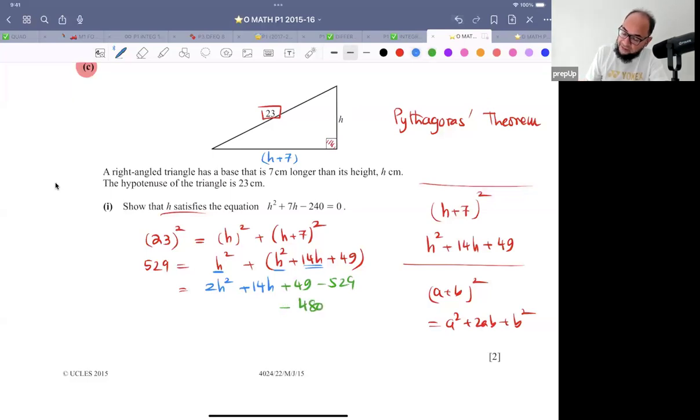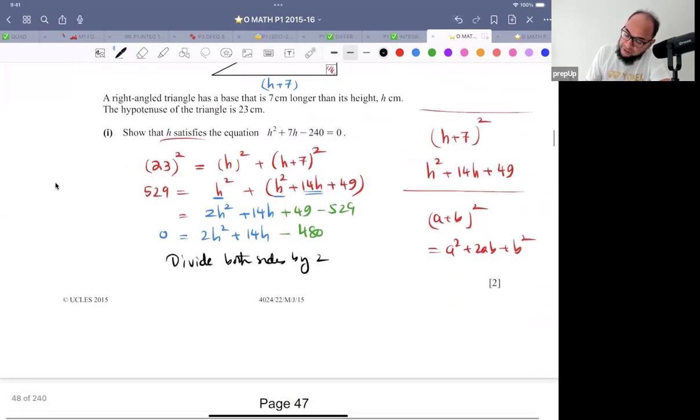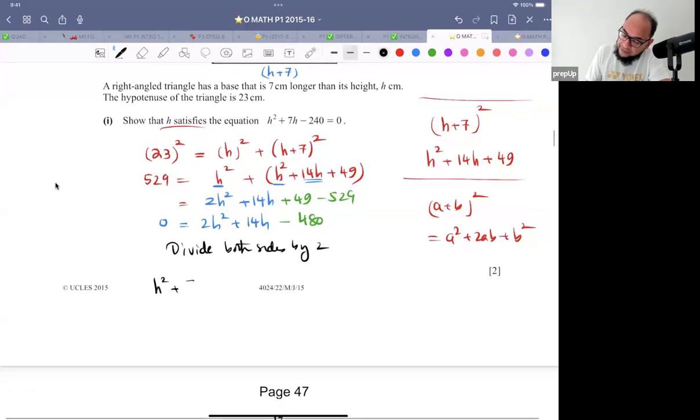Keep track of all these things. That is 2h square plus 14h, and this is 0. And then divide by 2. So divide both sides by 2. So therefore this becomes h square plus 7h minus 240 equals 0. That is what we get.